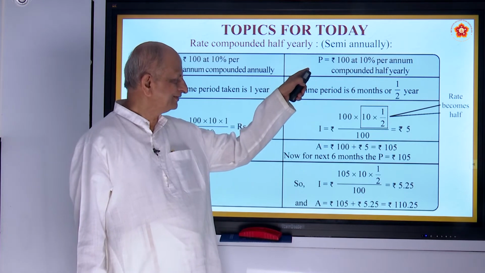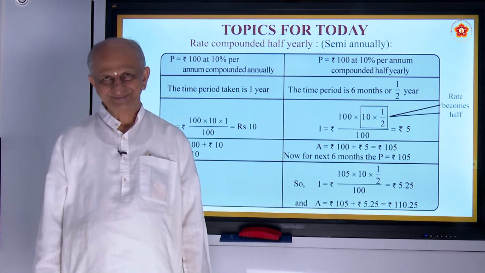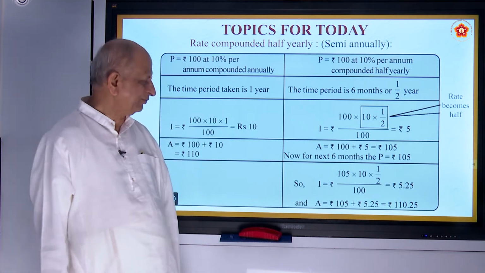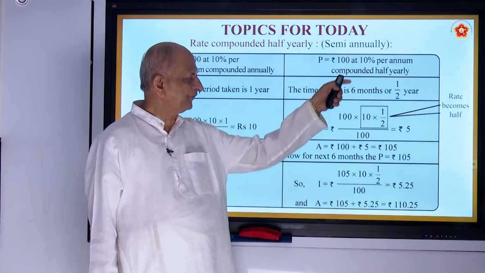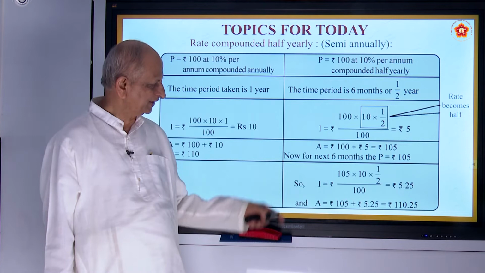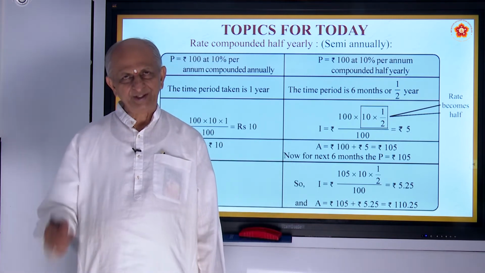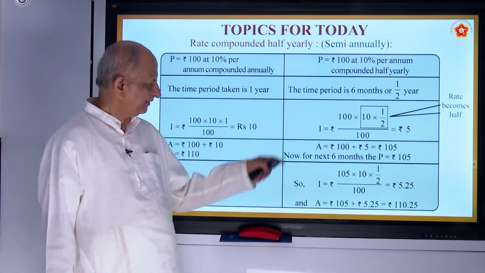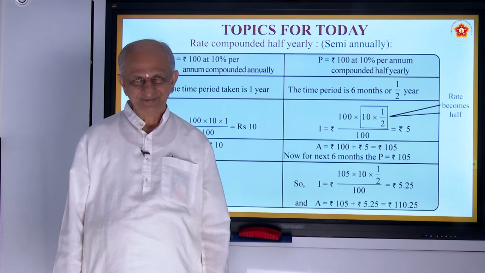So which is better? Calculating semi-annually is better. Correct? Now suppose, instead of 1 year, you have 1.5 years, then what you must do? The same thing you must do 3 times. If it is 2 years, the same thing you must do 4 times.